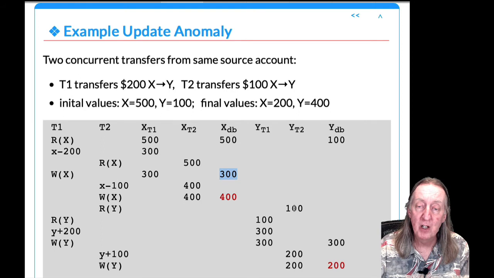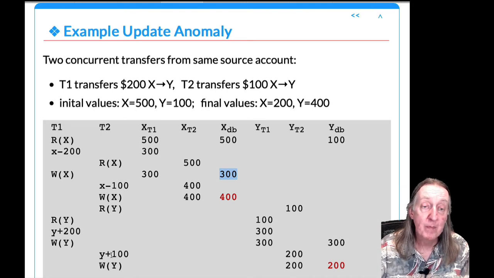T2 then reads Y straight away, cracking on with work. So 100 is the value that was in the database at the start. Then T1 reads in Y, also gets 100. T1 adds 200 to Y and then writes it out. So it writes 300 to the database.